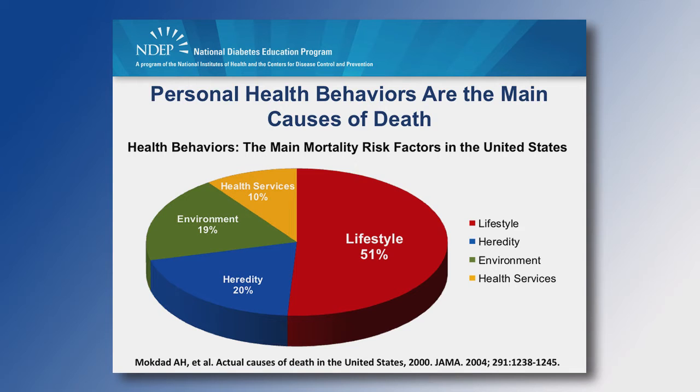So we can't blame our parents for everything for the illnesses and conditions that we tend to develop. In fact, one of my professors in my preventive medicine residency said, largely how we live dictates how we die in the United States.